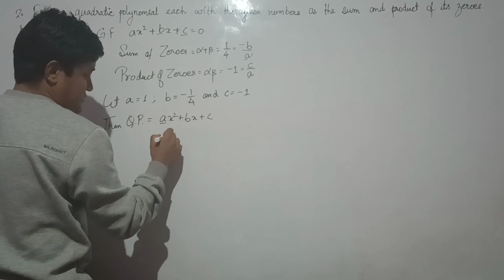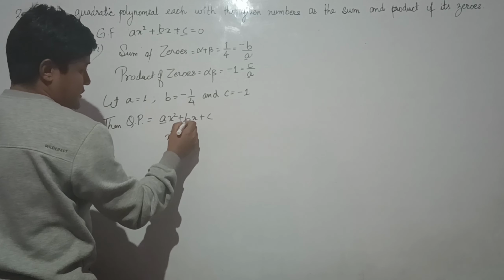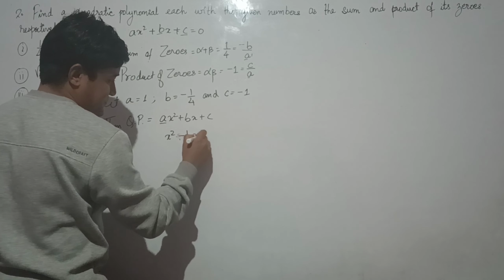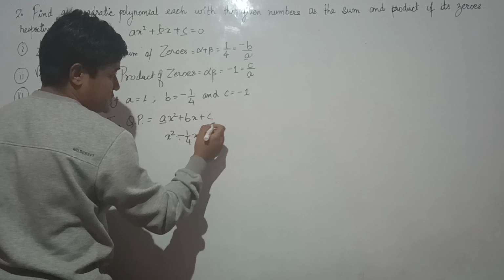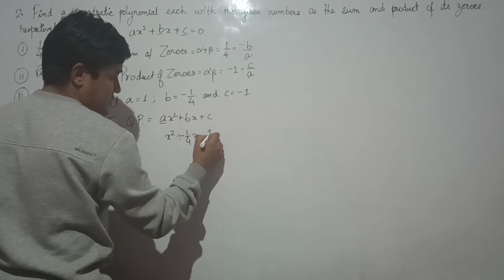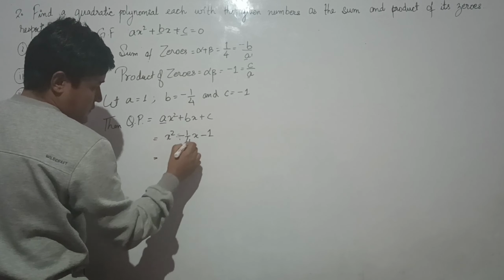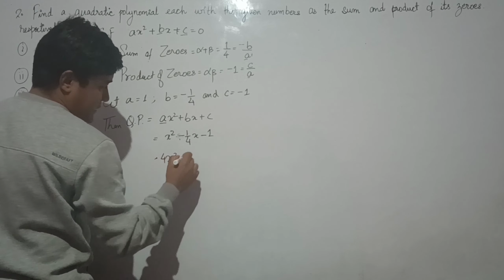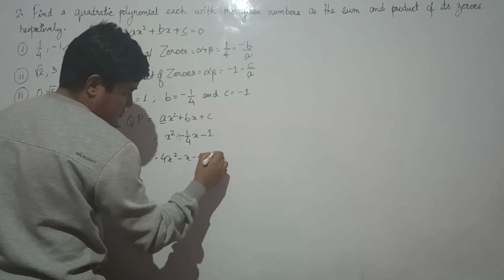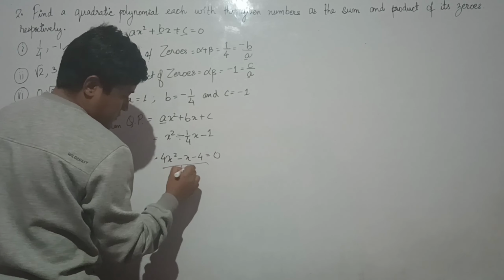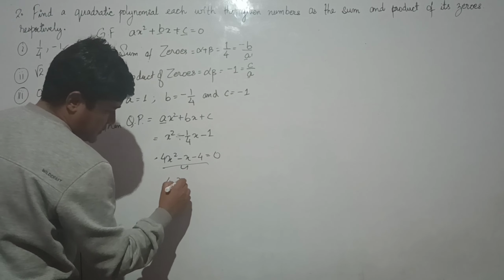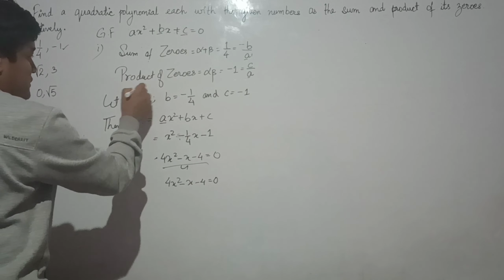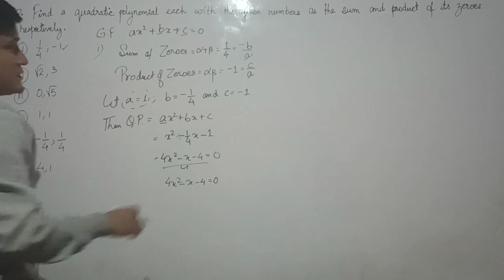So the value of a is 1, so you can write x square only, and the value of b is minus 1 by 4x, plus the value of c is minus 1. If I solve with x square minus 1 by 4x minus 1 equals to 0, you can send 4 to the next side and it will become 4x square minus x minus 4 equals to 0. So the main thing is we have taken a equals to 1.